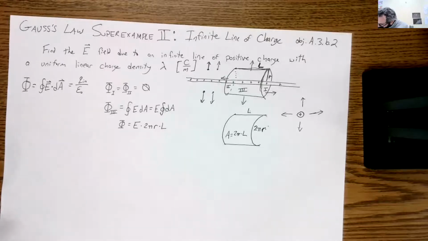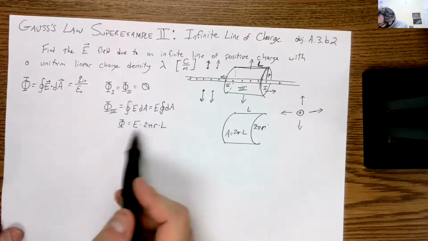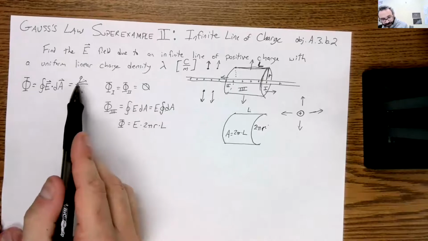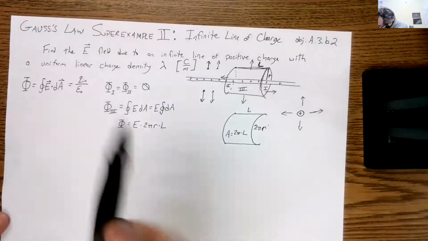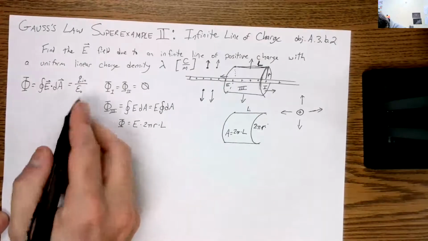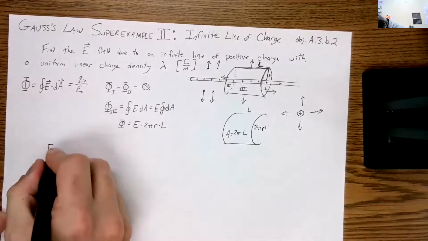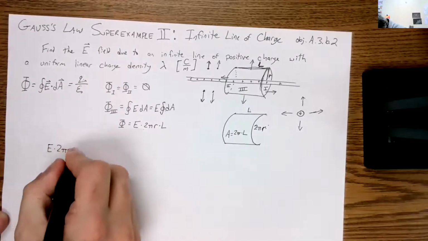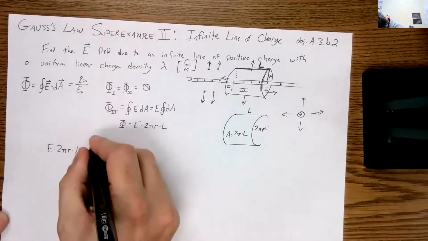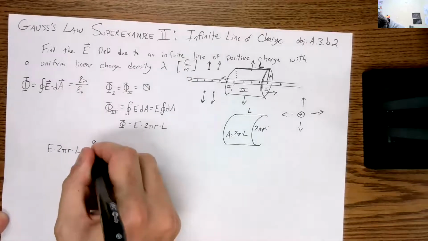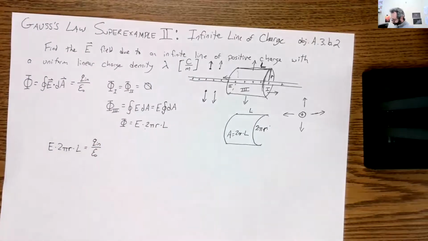We're almost there now, because Gauss's law tells us that this value has to be equal to the charge inside divided by epsilon naught. So E times 2 pi r times L is equal to the charge inside over epsilon naught.